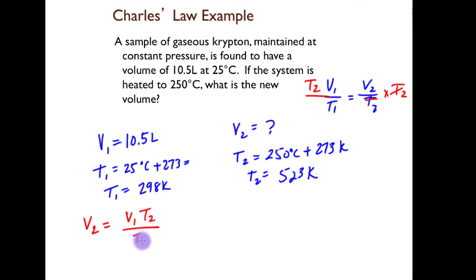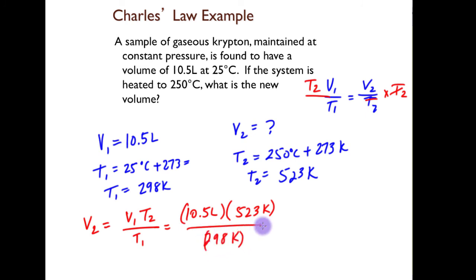This is why algebra is a prereq for this course. If you have trouble with manipulations like this, you should maybe see your math teacher or see me and I'll help you figure them out. V2 equals 10.5 liters times 523 Kelvin over 298 Kelvin.